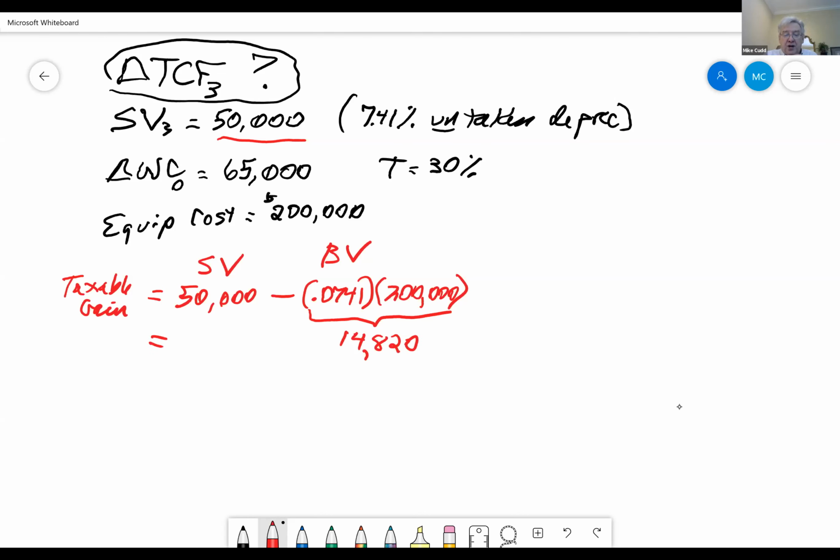So we're going to have a taxable gain of $35,180. We'll be selling the equipment at over $35,000 more than its book value. The tax on that gain, well, it'll be our tax rate times the gain.